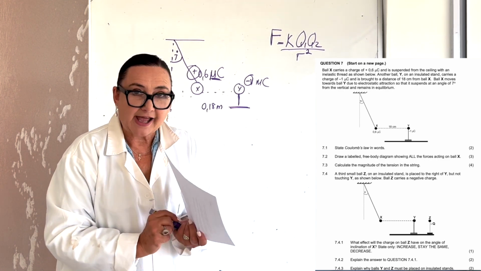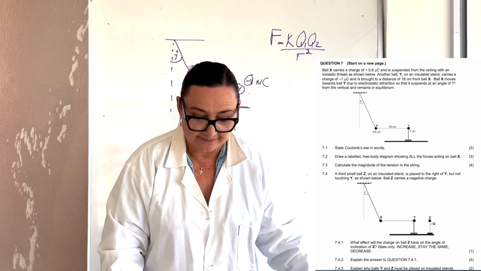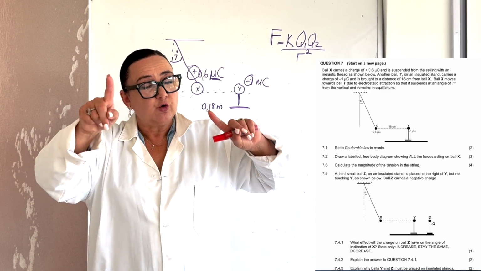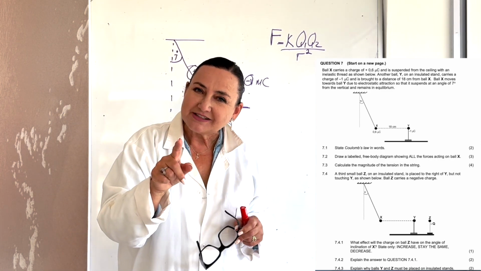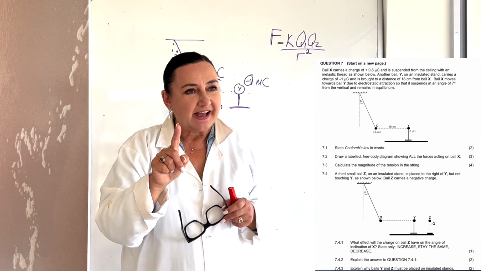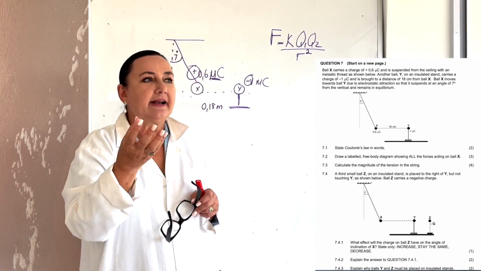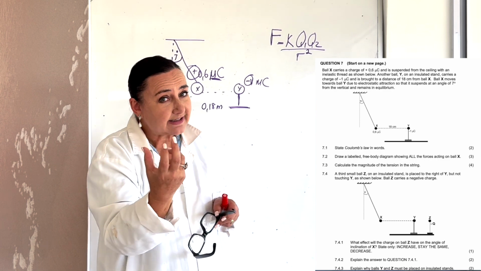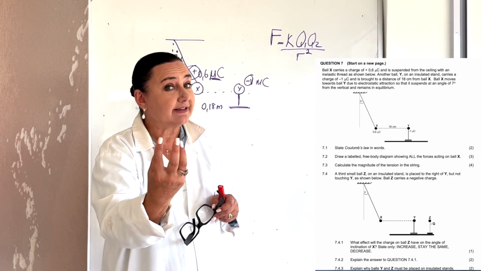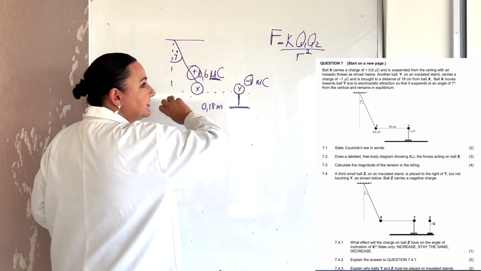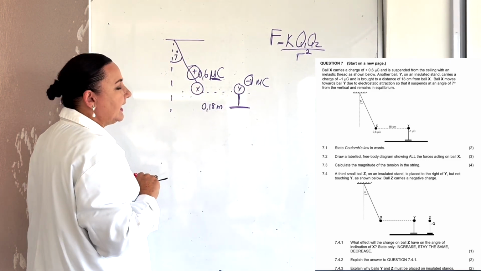Now, I hope you see what I'm seeing. Remember, with electrostatics, it's a force, and a force is a vector. Now the moment I see a rope, and I know that charge has got a weight as well, what is that? The gravitational force on X. I see X is being pulled to the side.